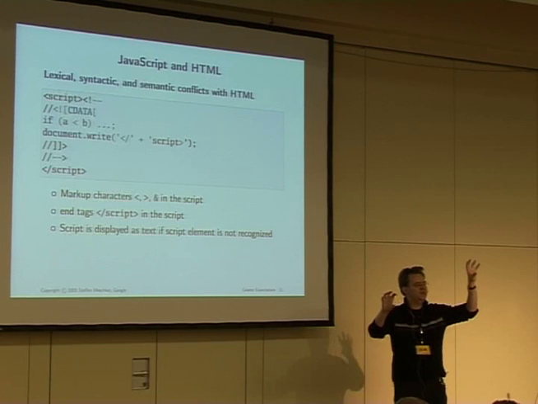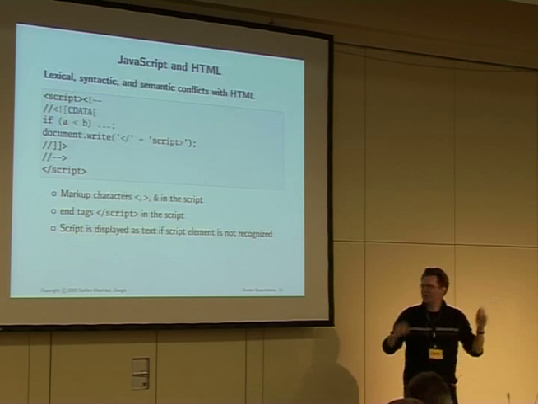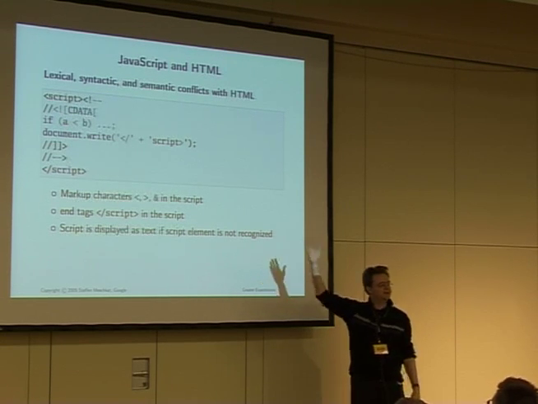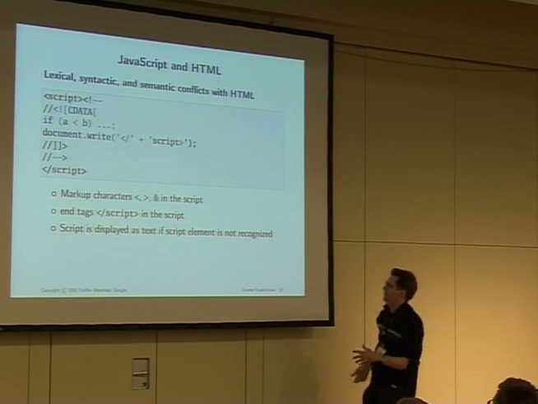So it basically omits the tags and just displays the content. So now in a browser that doesn't understand the script element, the script text would be displayed as text, which is obviously, well, not what it is intended to be.